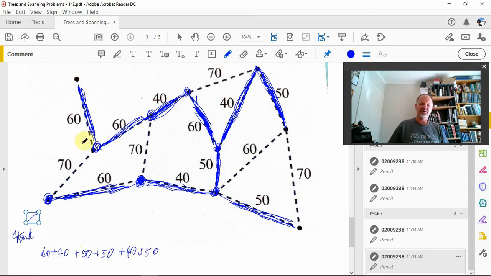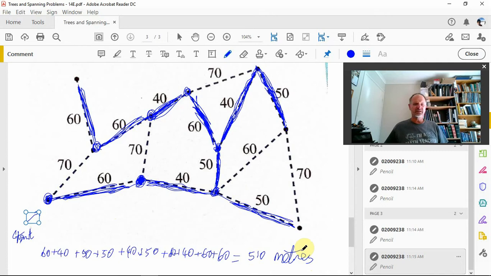Now I've got to go around this way to here, so that's plus 60 plus 40 plus 60 plus 60. There we've got 1, 2, 3, 4, 5, 6, 7, 8, 9, 10. Got that correct. And then when you add that up, you get 510, and that's metres.